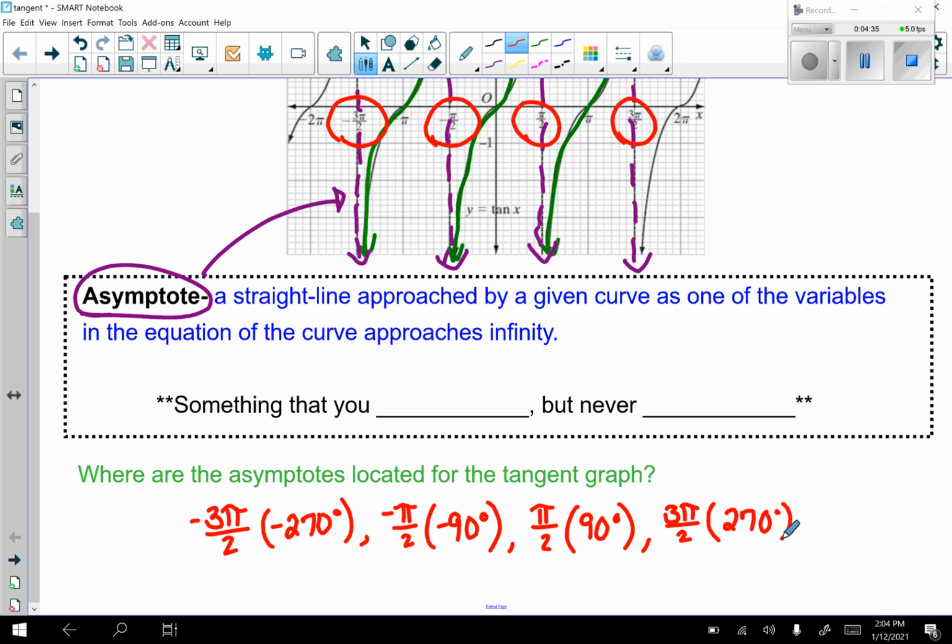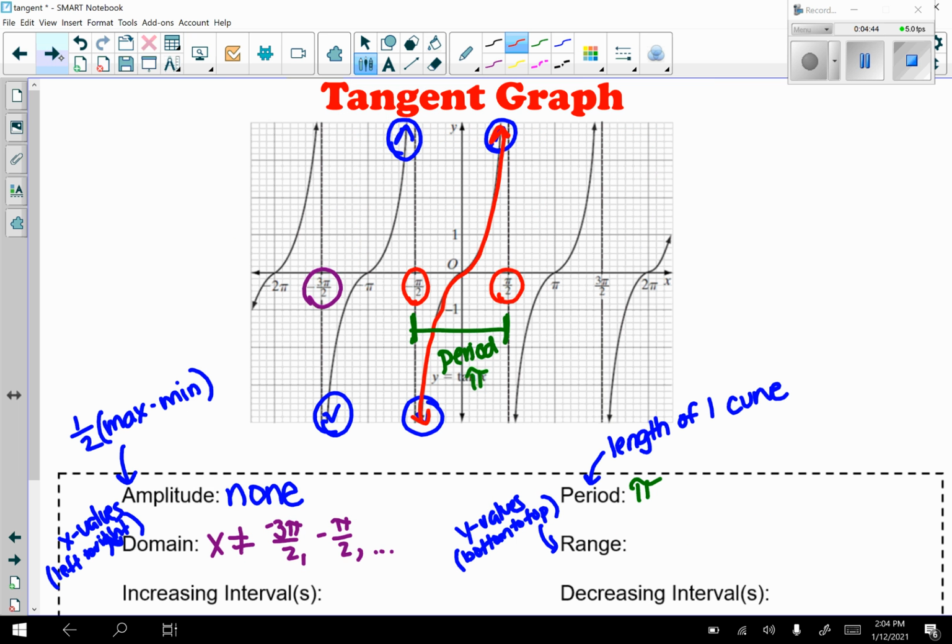Your asymptotes are going to continue infinitely in either direction, but these are just examples of them. So my domain is really all values except asymptotes.